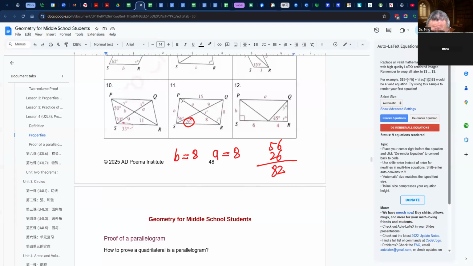So therefore, this whole thing here will be 180 minus 82. So that would be 98. So we know it's 98 here.